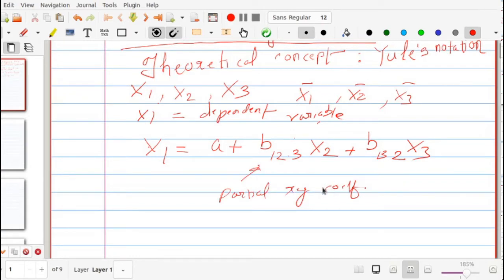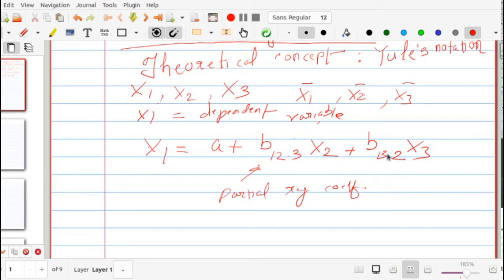Basically it is the partial regression coefficient of the dependent variable x1 on the independent variable x2, keeping x3 fixed.